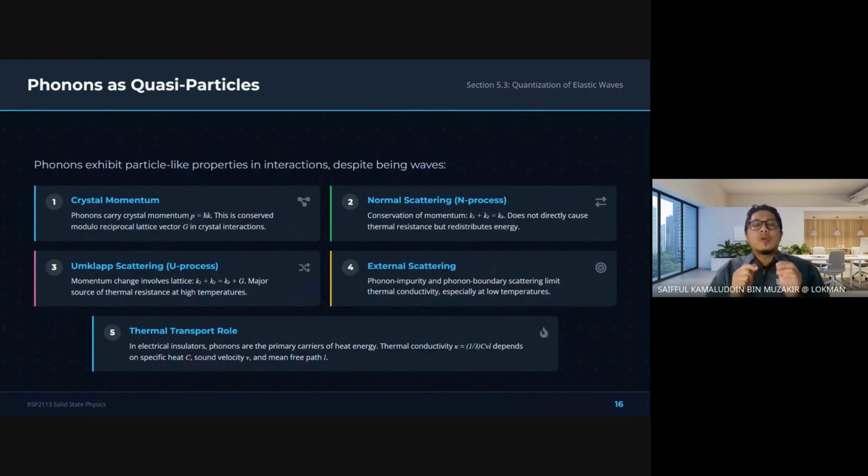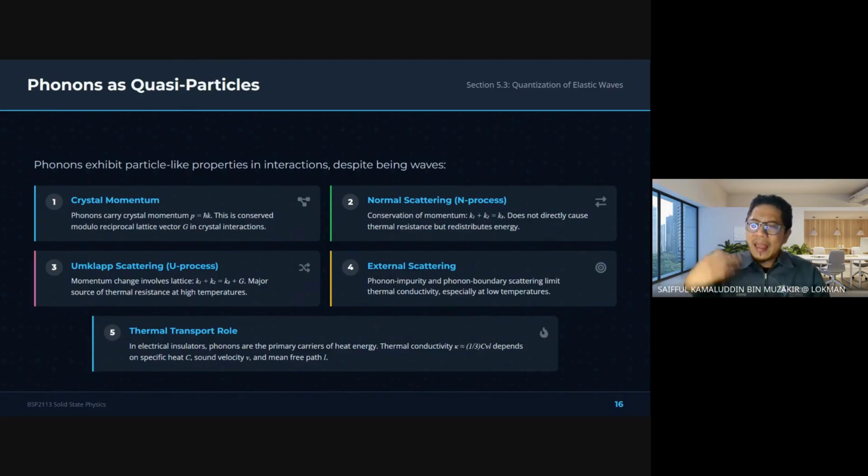So the quantum unit of lattice vibration, the vibration of atoms inside the lattice, is called a phonon. The packet of lattice vibration is called a phonon. A phonon is not a particle like an electron, but it behaves in a particle way in many calculations.